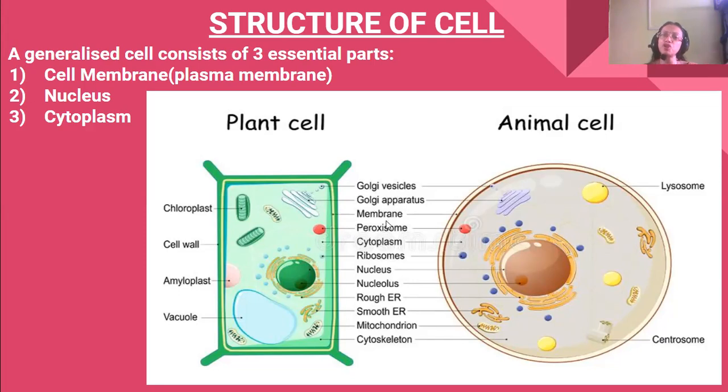The basic things which are present in both the cells are Golgi vesicles, Golgi apparatus, cell membrane, peroxisome, cytoplasm, ribosomes, nucleus, nucleolus, rough endoplasmic reticulum, smooth endoplasmic reticulum, mitochondrion, and cytoskeleton. All these are present in both the cells.